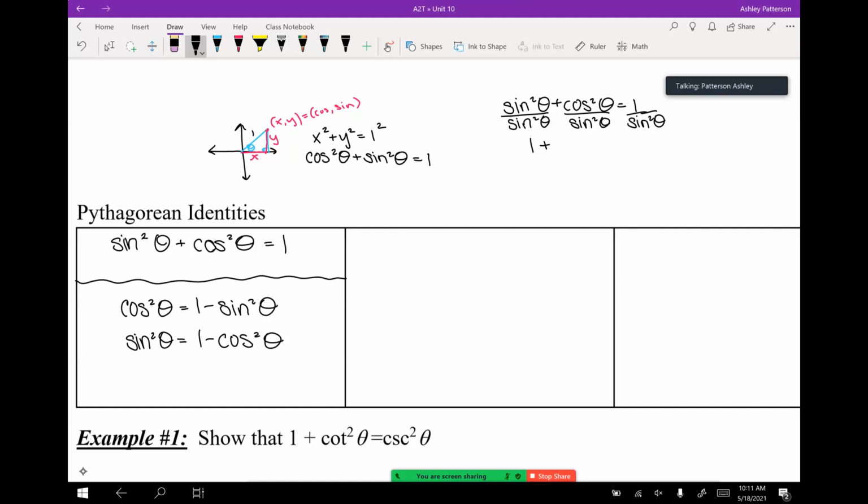It's cotangent squared theta. And then what's 1 over sine squared theta? Aiden? Cosecant squared theta. I present to you the second Pythagorean identity. We have 1 plus cotangent squared theta equal to cosecant squared theta.